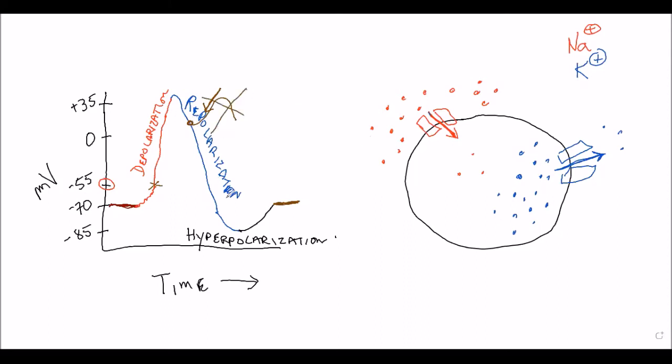It has to go right back down to negative 70 again over here. Remember, it passes right through here, so you're not going to get an action potential if it passes here. It has to reach negative 70 again for you to have another action potential. You will never get another action potential if you stimulate it here. It's either you have all of it or none of it. It has to reach negative 55. And that's a key concept.